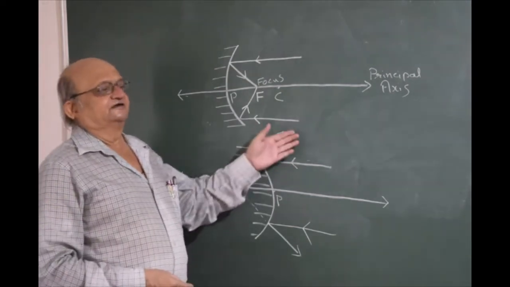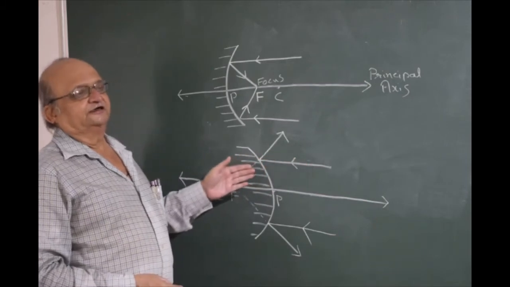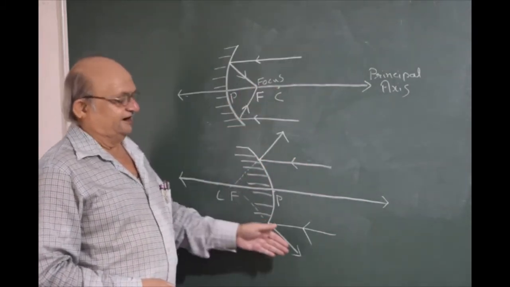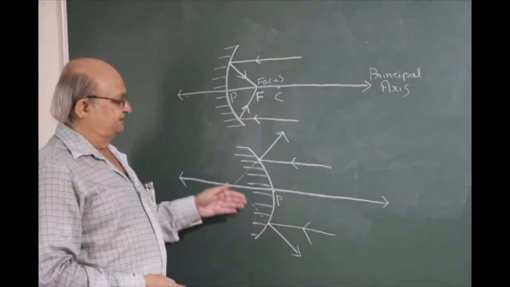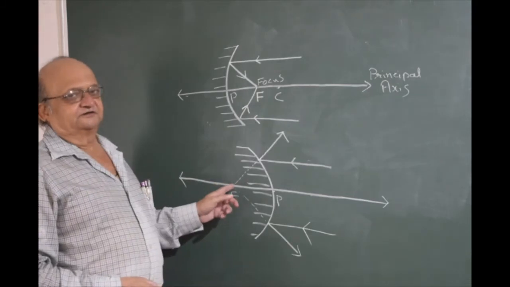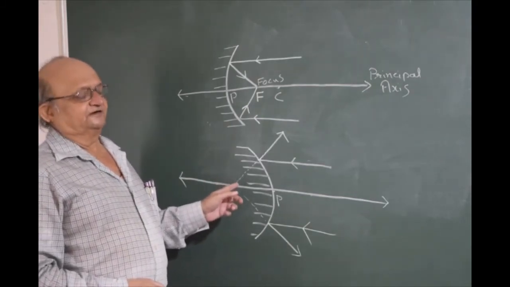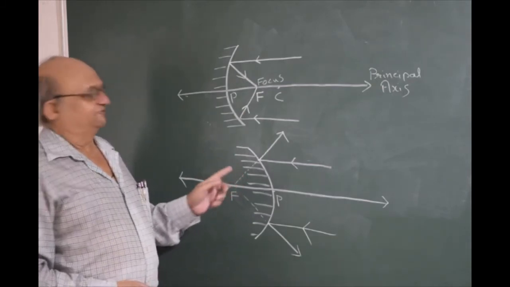So how do we define the principal focus of a convex mirror? When rays parallel to the principal axis are incident on a convex mirror, they diverge and go away from each other. However, on extending backward, they appear to meet at a point on the principal axis, which is called the principal focus.